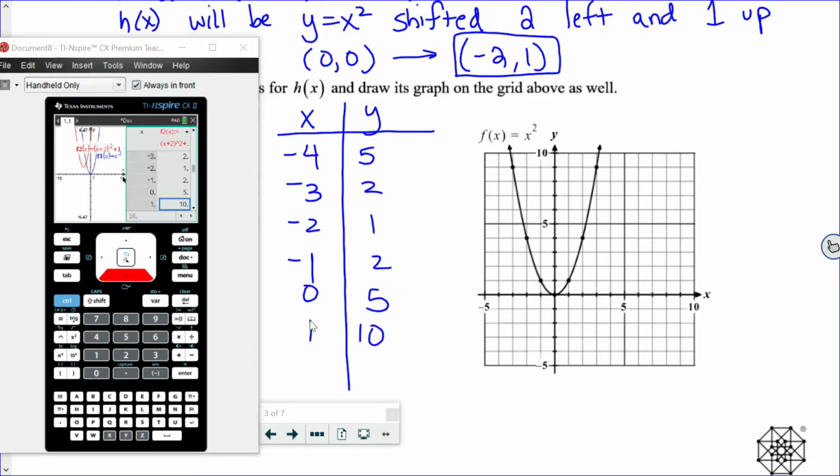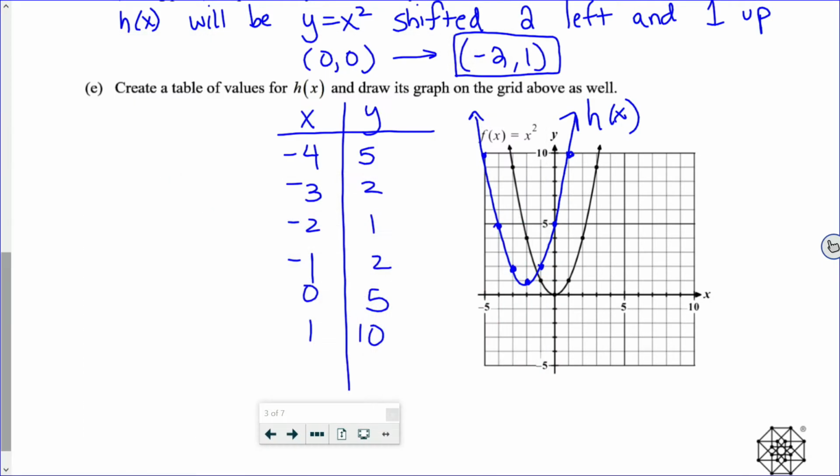And then there'll also be a 10 over here. And that would be h of x.